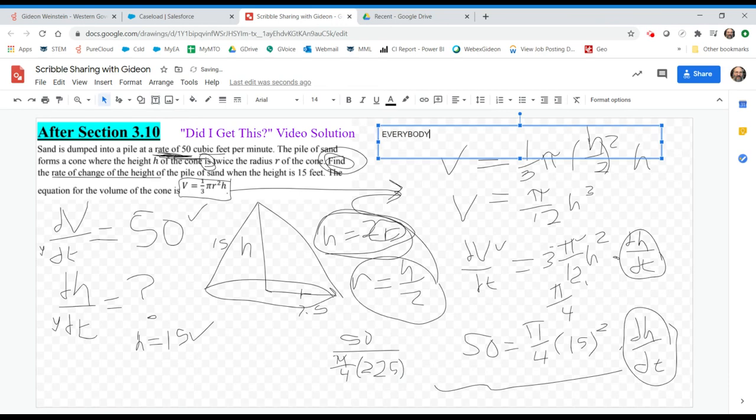Everybody gets the chain rule. And that's how you get the related rates. If you forget that everybody gets the chain rule, well, you're not going to have any related rates to solve. So make sure you remember that key trick to getting these done.